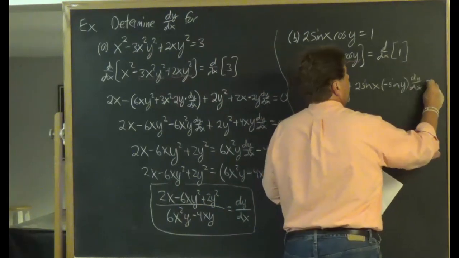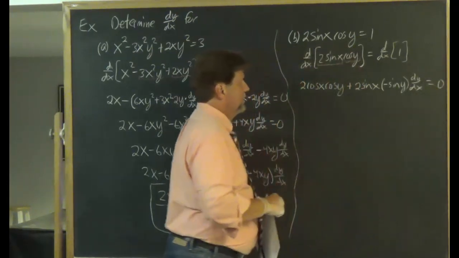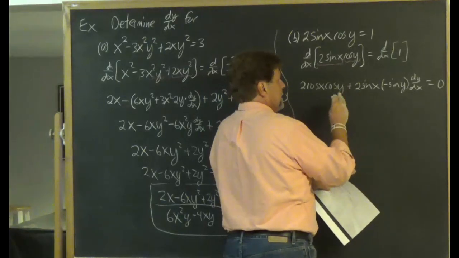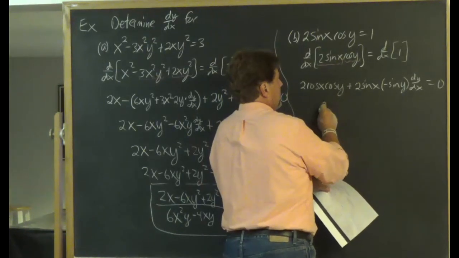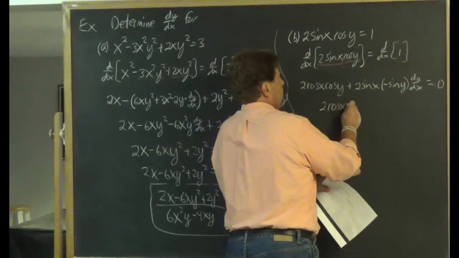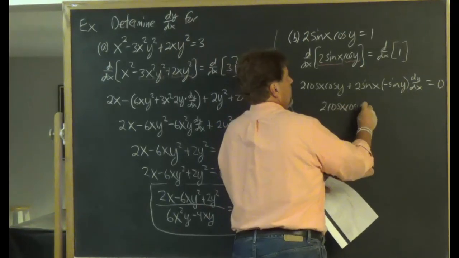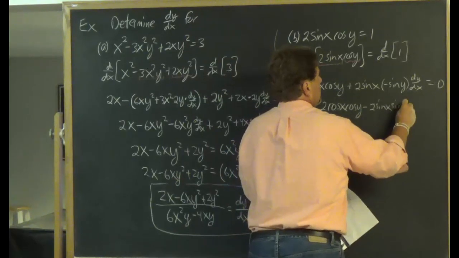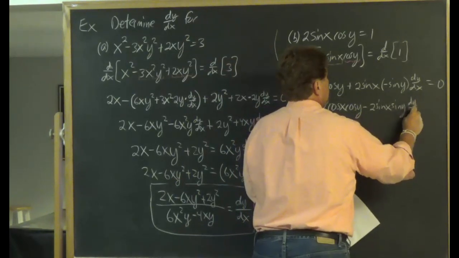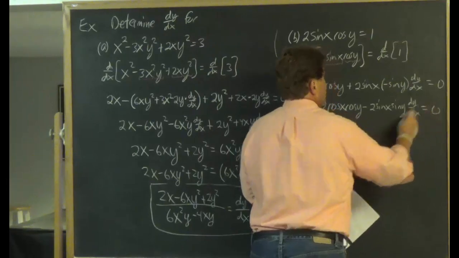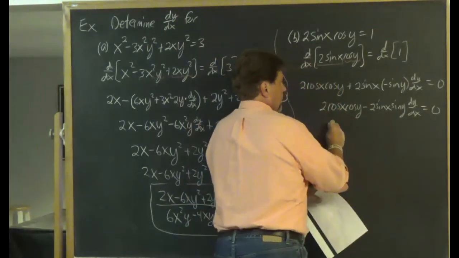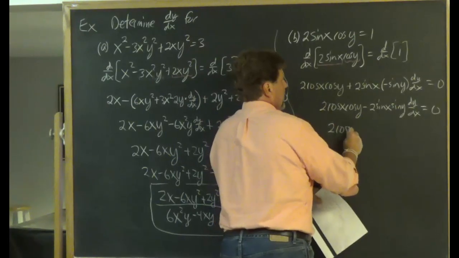And then over here on the right, well, that derivative is 0. So, just kind of cleaning this up a little bit. We have 2 cosine x cosine y minus 2 sine x sine y dy/dx equals 0.